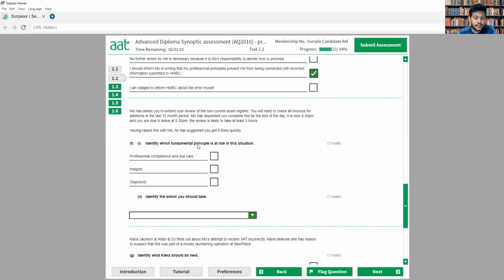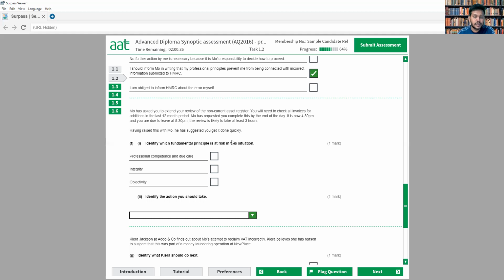Having raised this with Mo, he suggested doing it quickly. So it's not going to happen. I have only 1 hour and the job is for 3 hours. If my manager said do it quickly, I would say no, stop for today, we'll do it tomorrow. And if it is urgent, I'll tell him to give it to someone else or involve other people, because I will not have enough time to complete it.